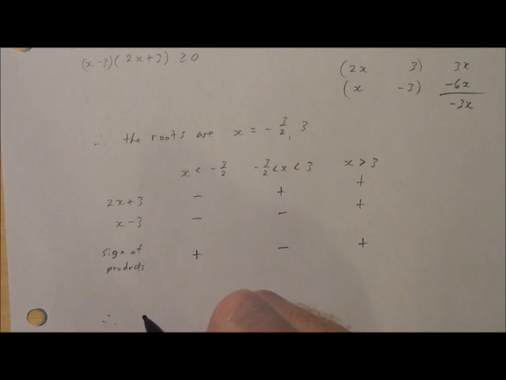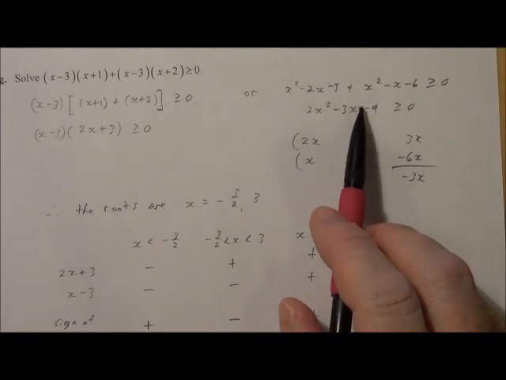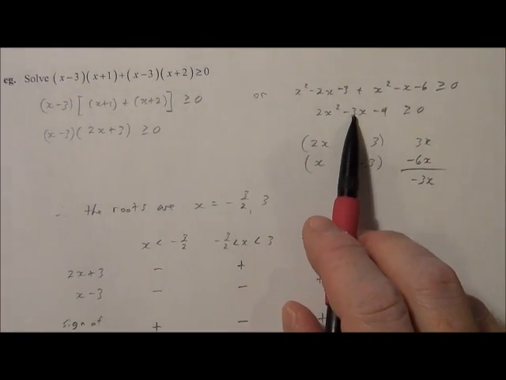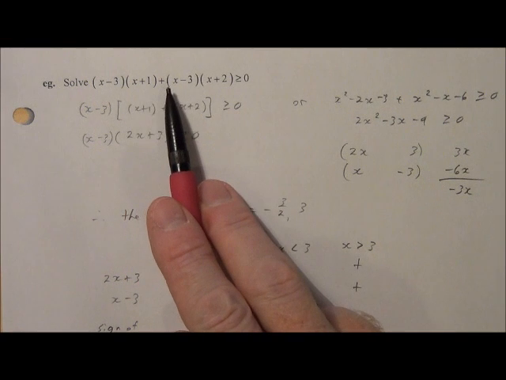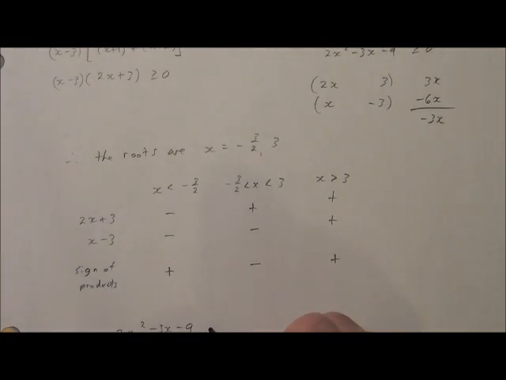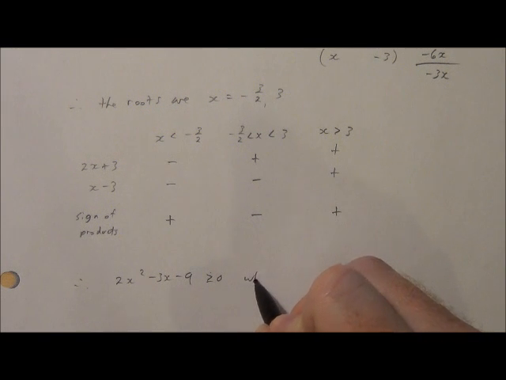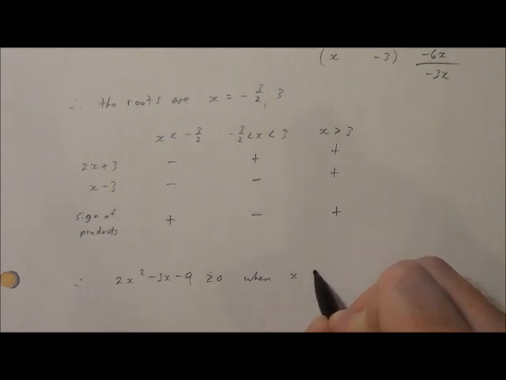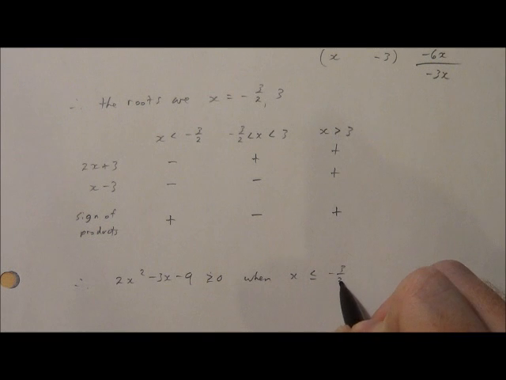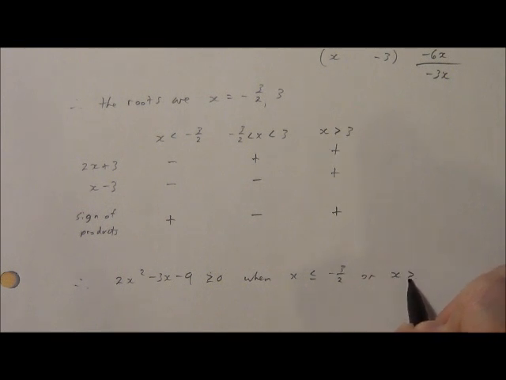So therefore, 2x squared minus 3x minus 9, which is the product, the final function once we multiply all of those together, is greater than or equal to 0 when x is less than or equal to negative 3/2, or x is greater than or equal to 3.